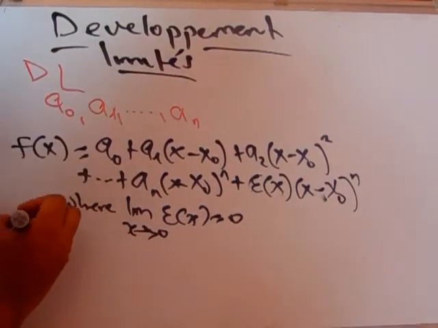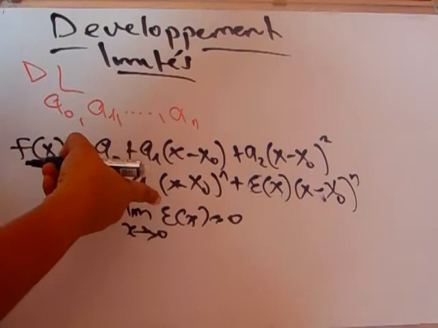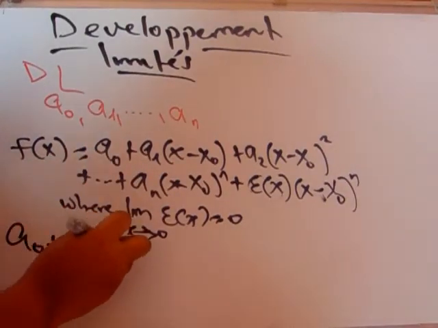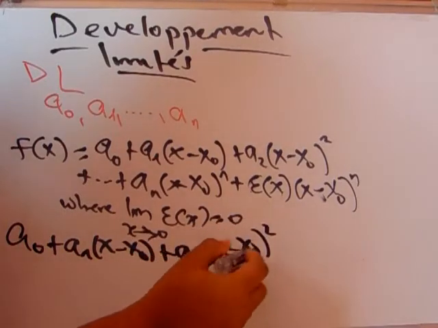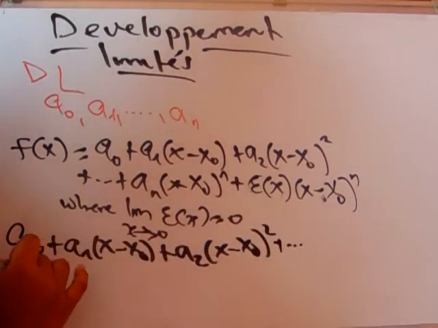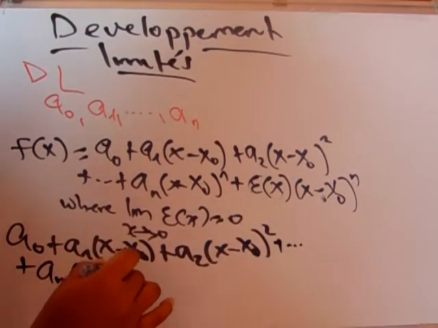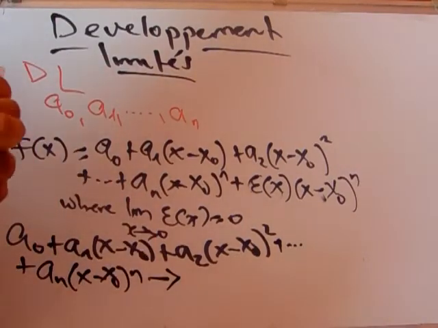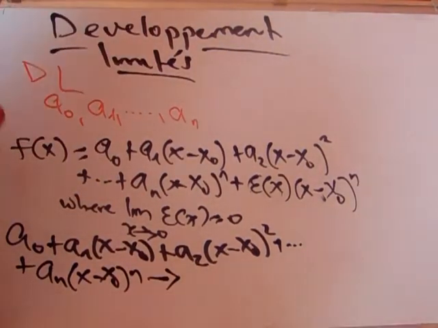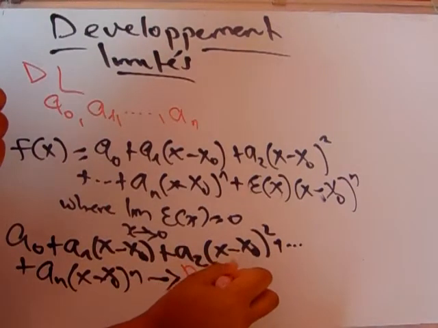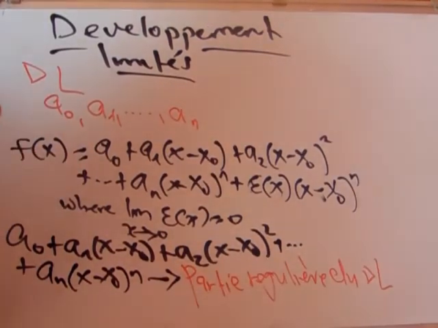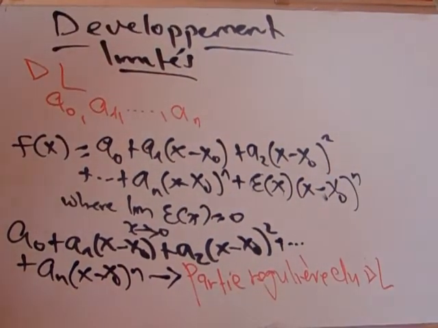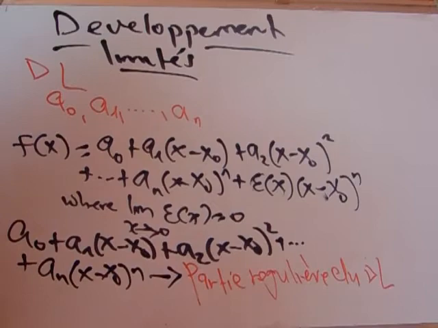So if I have this a0 plus a1 (x minus x0) plus a2 (x minus x0) raised to the power of 2, plus an (x minus x0) raised to the power of n, we call this the partie régulière du DL. This is the part where you actually have to calculate, so it's like the main part, so we call it the partie régulière du DL.